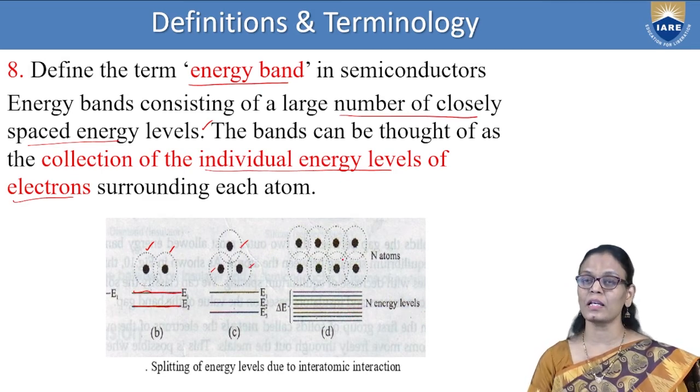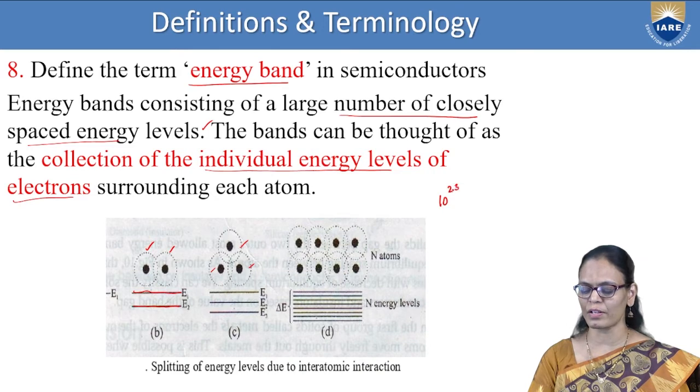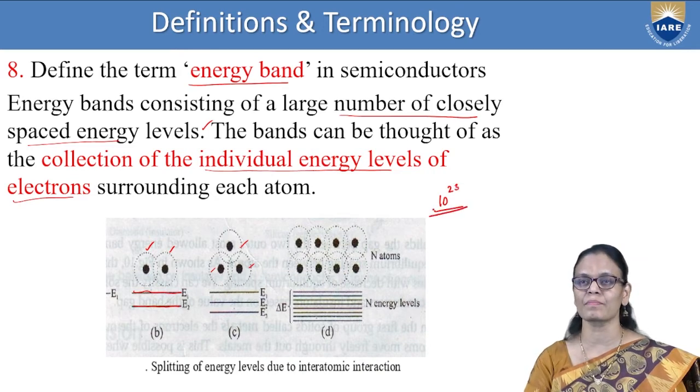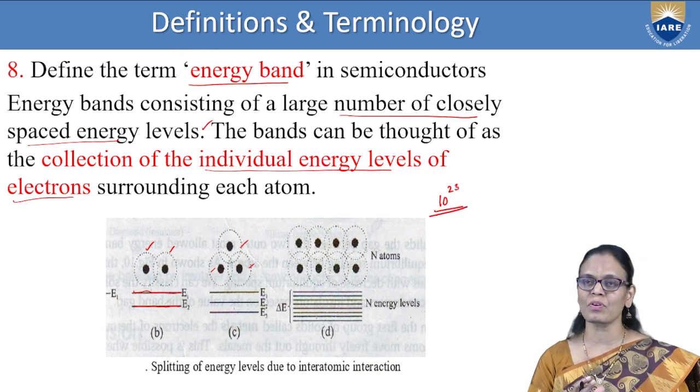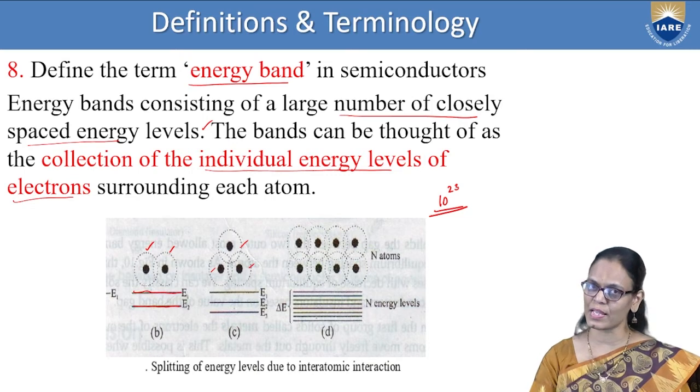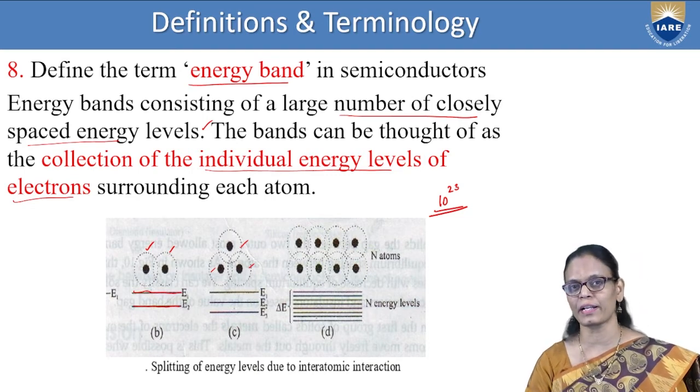Now in a crystal, there are n number of atoms. That can be Avogadro number of atoms, 10 power 23 atoms. Then all the electrons of all the atoms put together, there may be interactions between the electrons of the same atom or with the neighboring atoms.